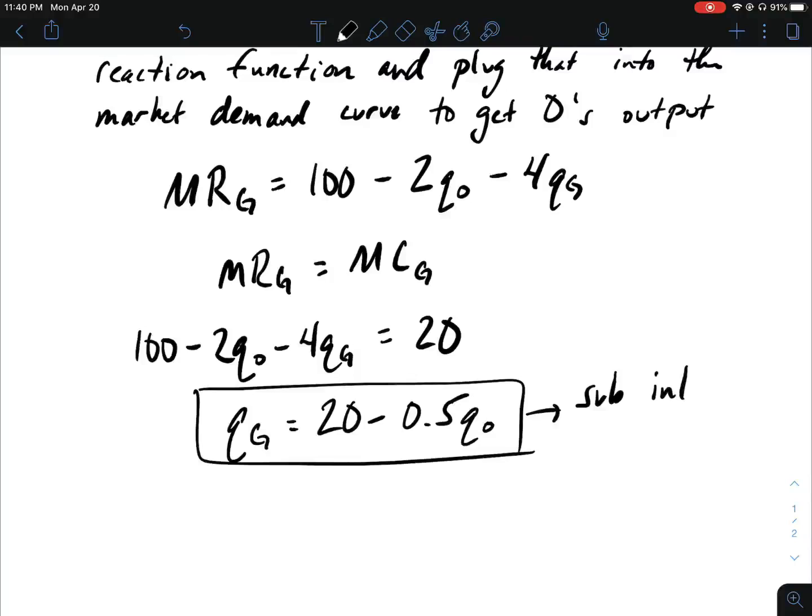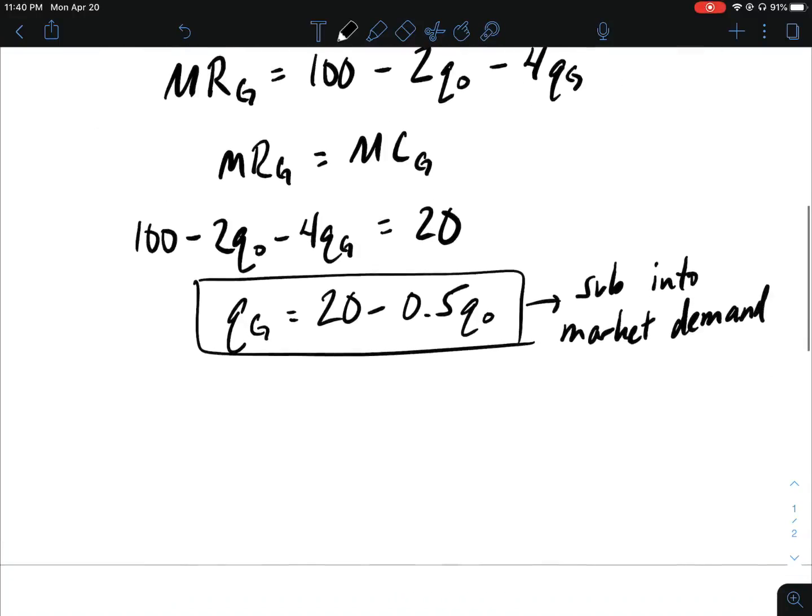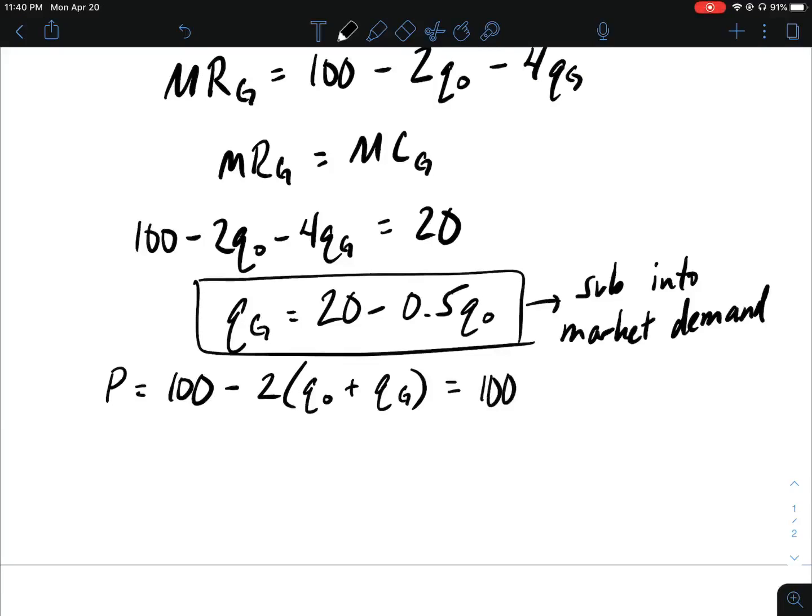Now we're going to sub this into the market demand function. In the Cournot case, we subbed it into Oil Pro's reaction function. This time, since we're in a Stackelberg model, we're going to sub the second mover's reaction function into the inverse demand curve. So the market inverse demand curve is equal to 100 minus 2 times QO plus QG. Plugging in, we have 100 minus 2 times QO plus 20 minus 0.5 QO.